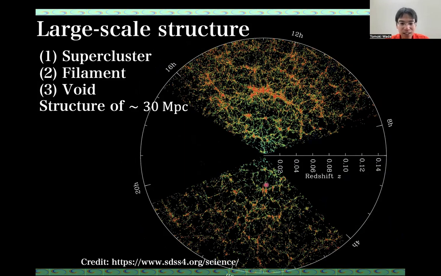This is called the cosmic web, and it is mainly composed of superclusters, filaments like this, and voids, no-star regions. The typical size of this structure is about 30 megaparsec.